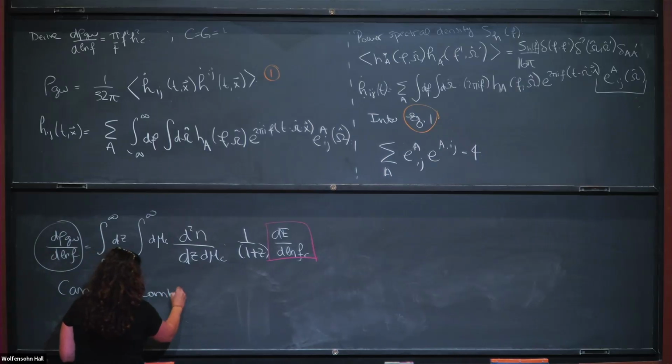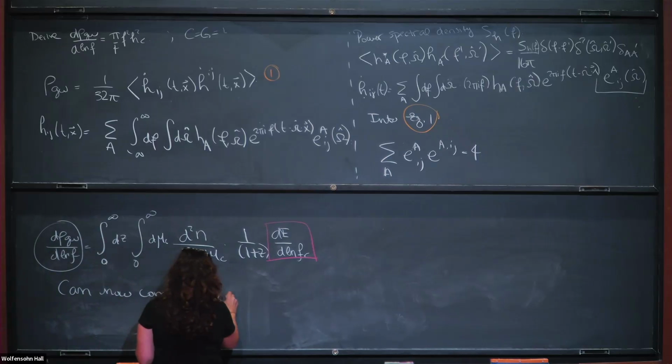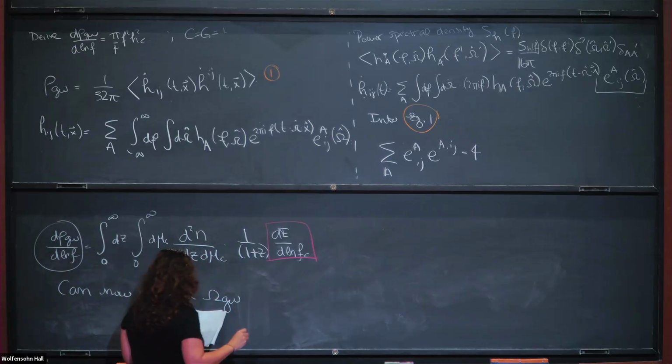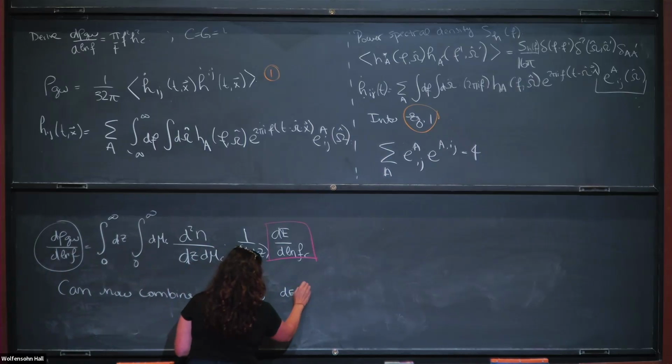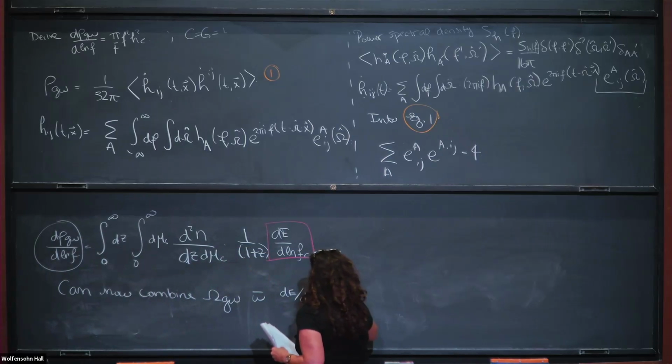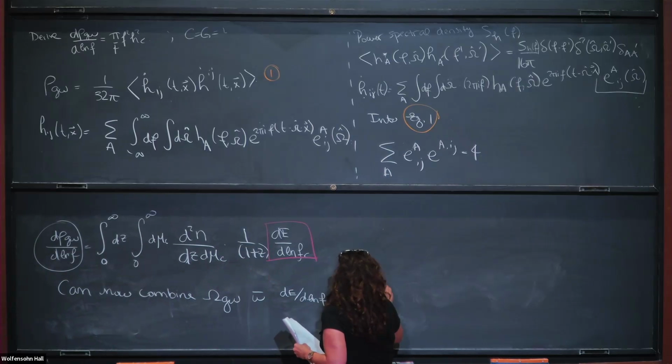So we now combine our definition of omega GW with the energy density dE by d log f and d rho GW by d log f.